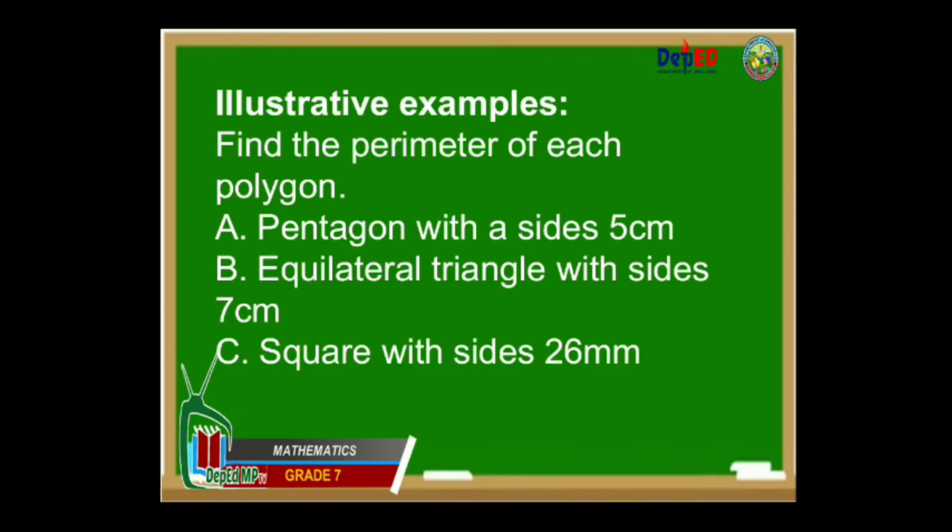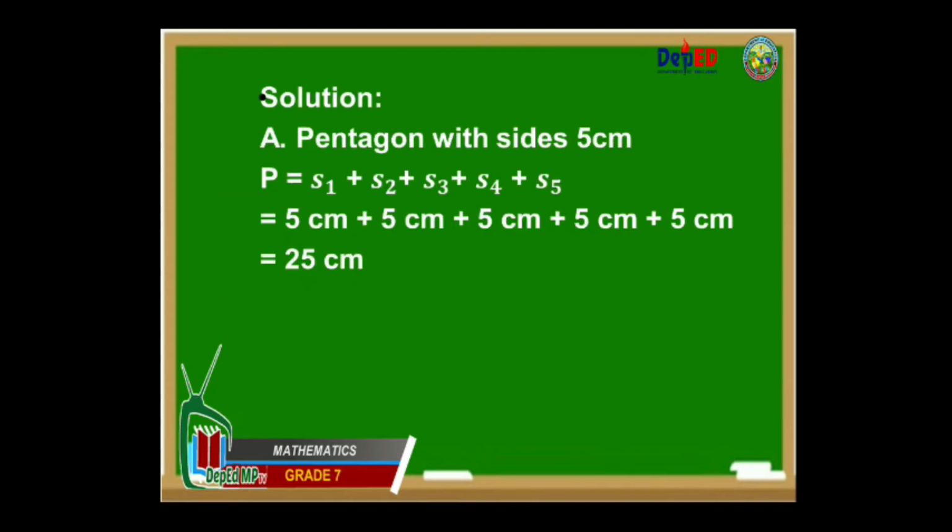Illustrative examples. Find the perimeter of each polygon. A. Pentagon with the sides 5 cm. B. Equilateral triangle with sides 7 cm. C. Square with sides 26 mm. Solution. Letter A. Pentagon with sides 5 cm.